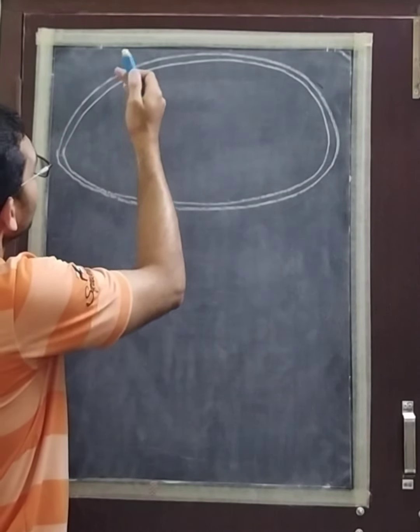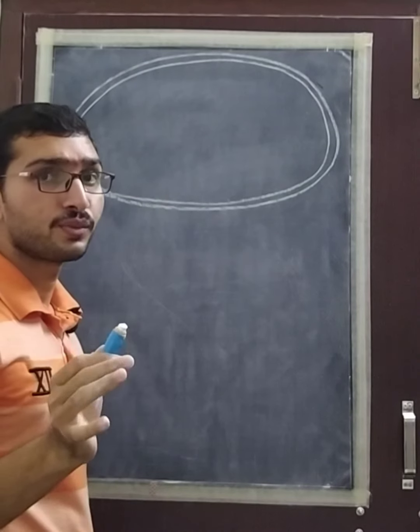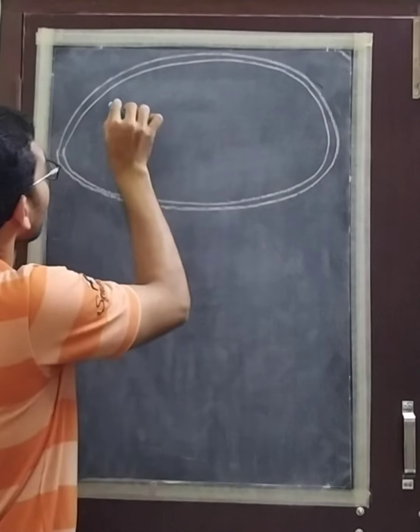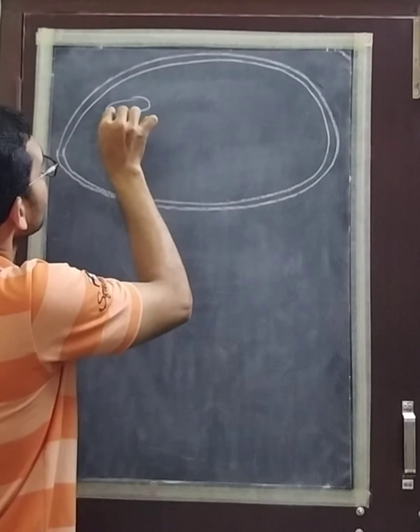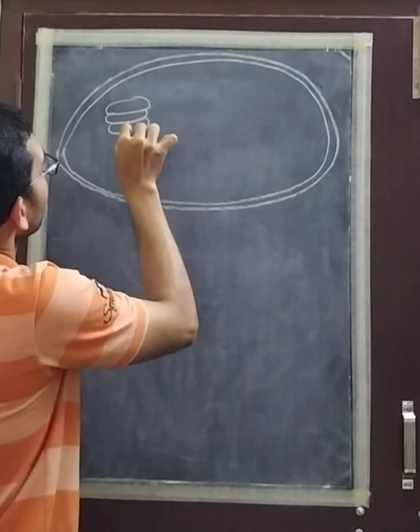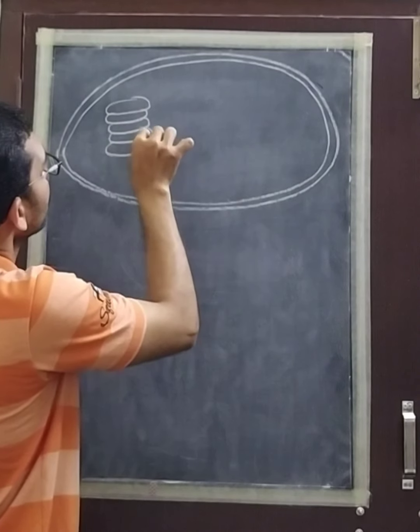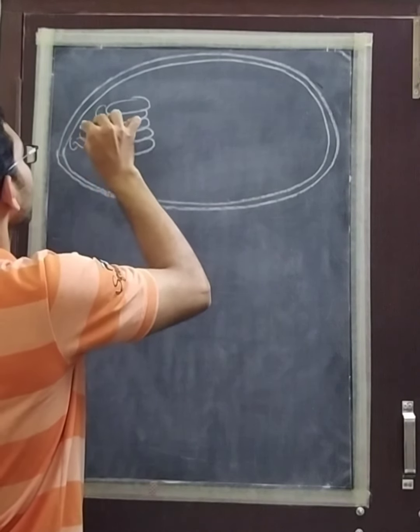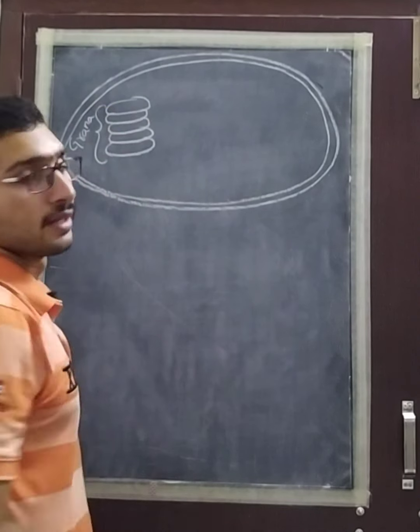Next, inside the chloroplast, we have membrane bound structures. What do we call these membrane bound structures? We call them grana.